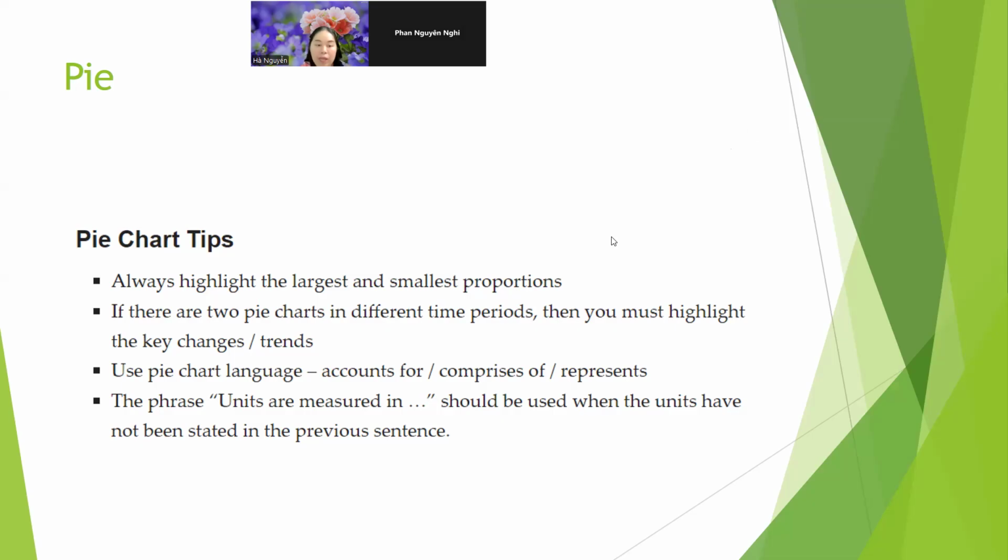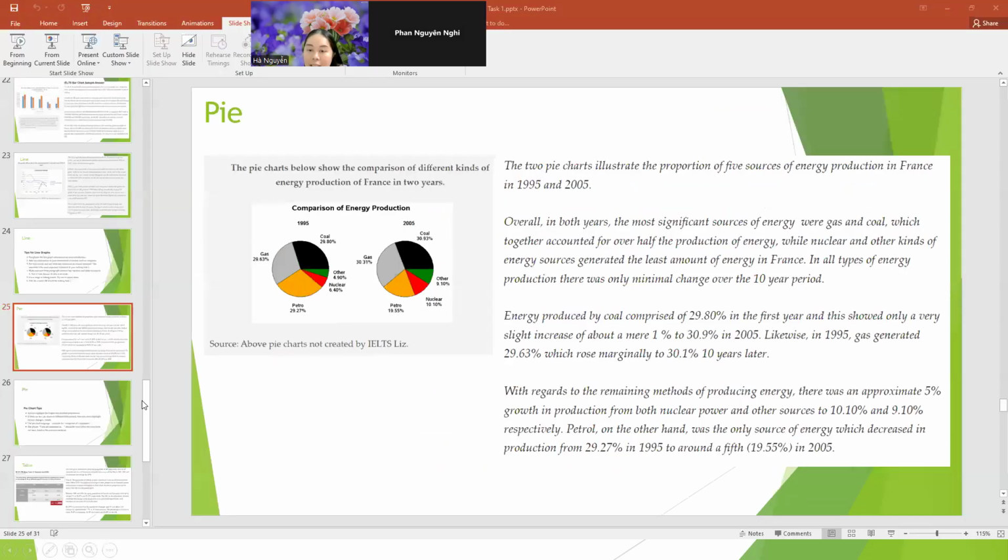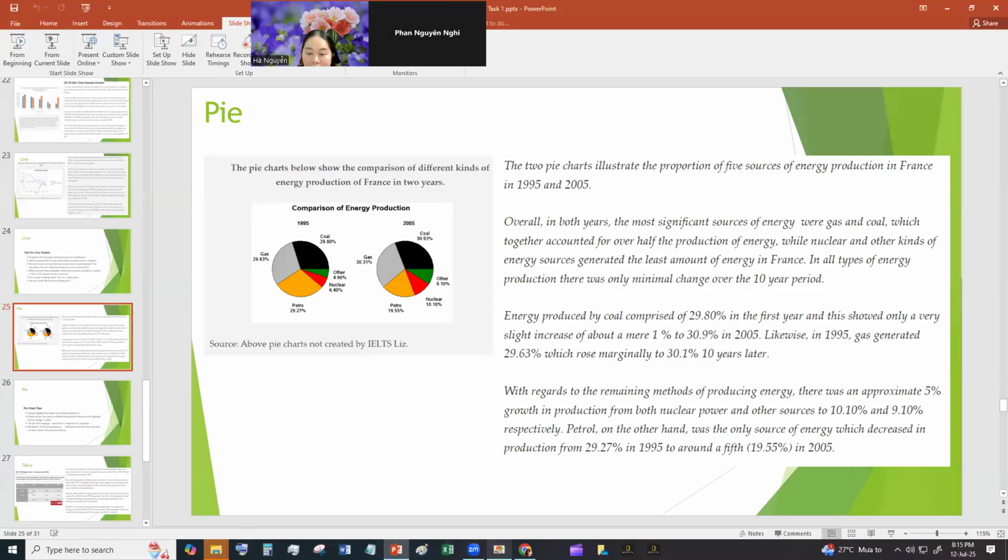When we talk about energy, the phrase units are measured in should be used when the units have not been stated in the previous sentence. So there are some tips for pie charts. Okay, I hope everything is clear. So this sample is a very good one. And remember to read it again whenever you have time.